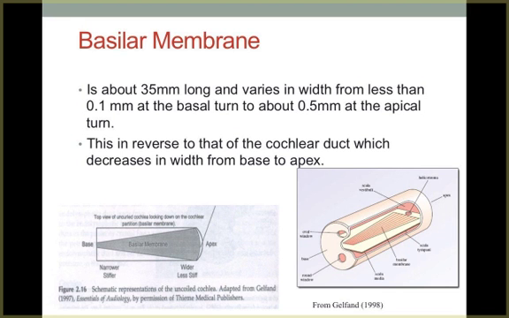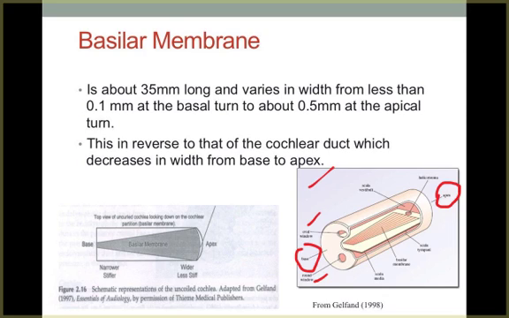So in this figure illustration, you can see that this is the base, and this is the apex, or the top of the cochlea. I know this is the base because this is where the oval window and the round window are.